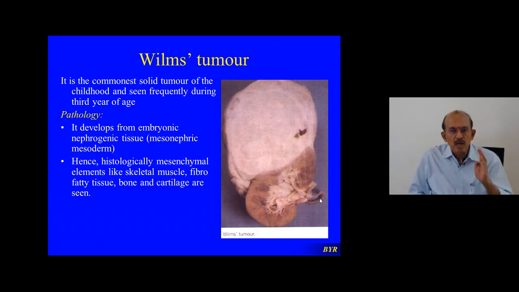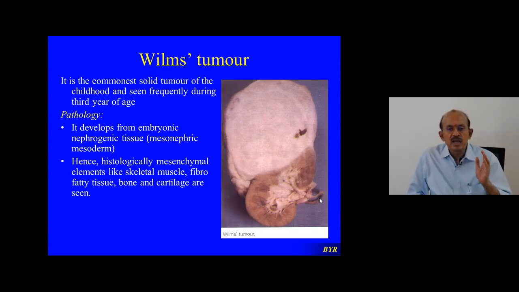Then the blast cells. The blast cells can produce blastomas. Usually the blast cells are from the mesodermal cells. So Wilms tumor is called the nephroblastoma. That is, it is an embryonic nephrogenic tissue developed from the mesonephric mesoderm. So it is a mesenchymal cell.